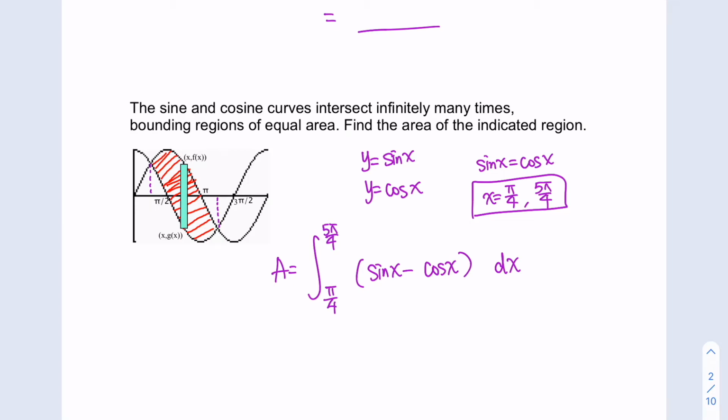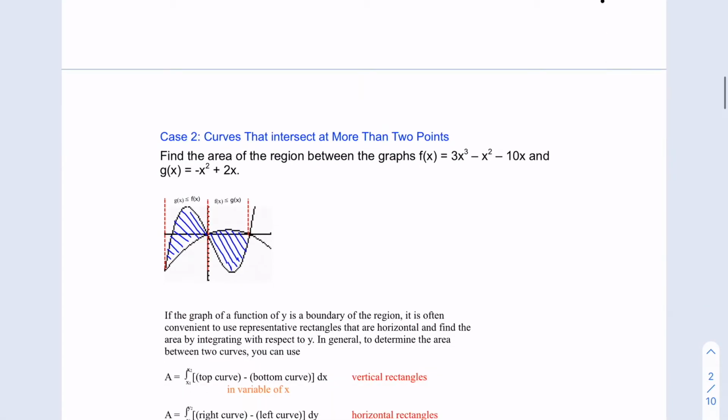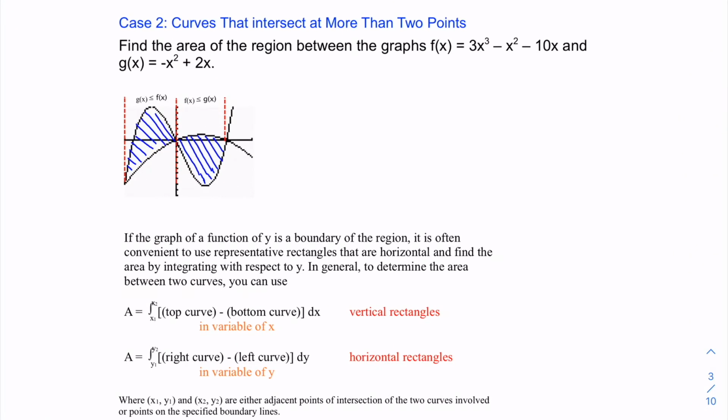Sometimes, if we have curves that intersect at more than 2 points, the top and bottom will switch. You have to be very careful in this case. For example, given f of x equals this and g of x equals this, same thing. First, we set them equal.